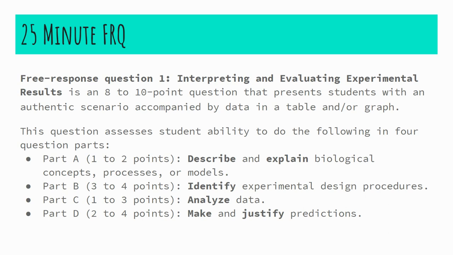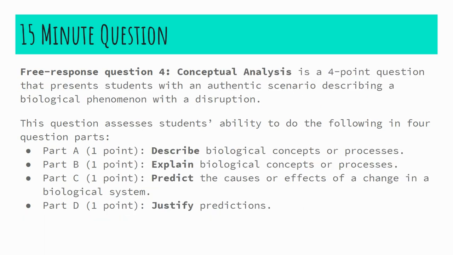These are things like experimental controls, independent and dependent variables, things like that. Things that you should know, and you should be able to get those points. Part C is analyzing data, and I'll talk a little bit more about what that means in a second. And then part D is making and justifying predictions based on the data that you're given.